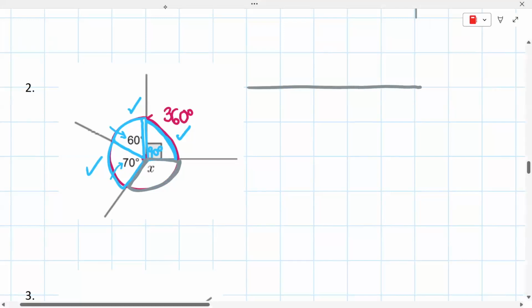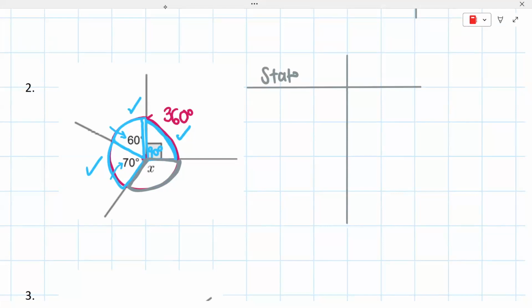So again, separate your page into two halves, one for your statement, one for your reason. And this will ensure that you do not forget to give your reason.